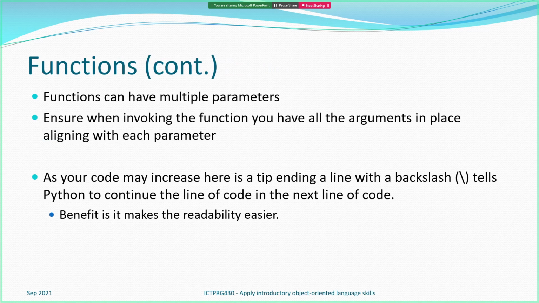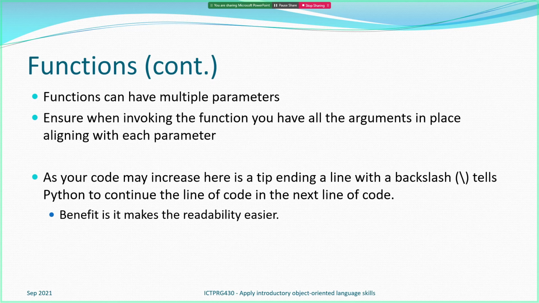So functions can have multiple parameters, and what we have to ensure when we call the function is that we give it all the parameters. If the function calls for 4 parameters, then we've got to make sure that when we call the function we give it those 4 parameters.